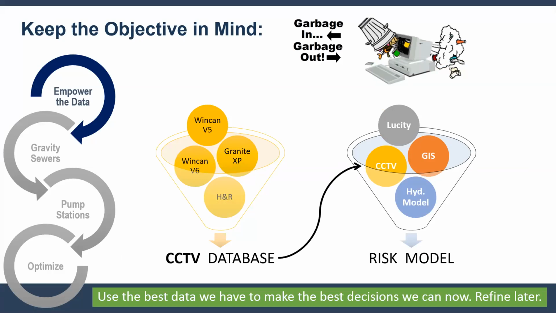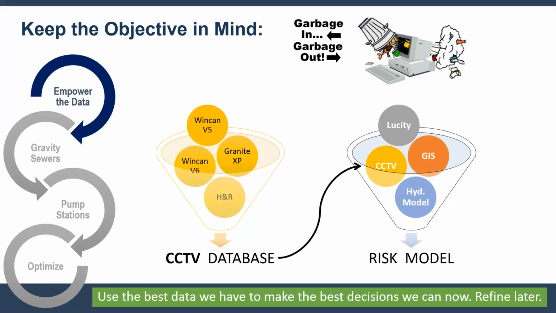Another important factor in empowering all of this data: it's a lot of pieces, it's a lot of information, and a lot of data crunching gets done, but it's important to keep the objective in mind that it's garbage in, garbage out. The better the data is that we put in this model, the better the results will be.